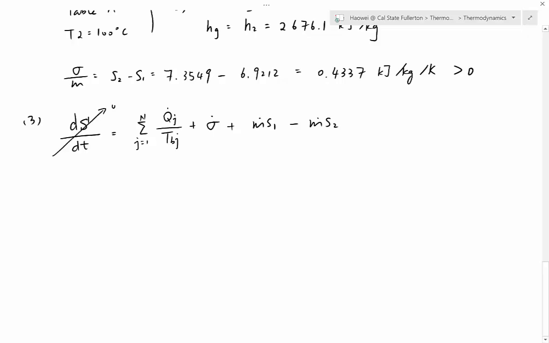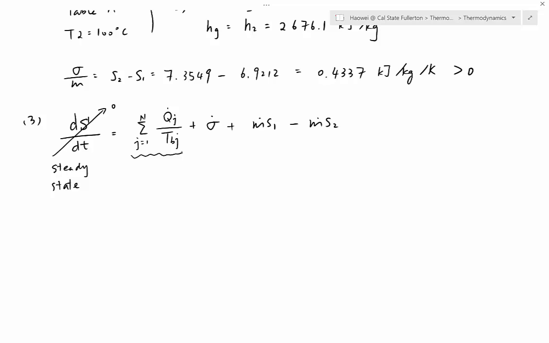Again, left hand side goes to 0. The reason is still the same, because the system is at steady state. No properties change over time. And then last time we canceled the first term in the right hand side because the process was adiabatic, meaning there's no heat transfer. But for part 3, this process is not adiabatic, so we have to keep this term.